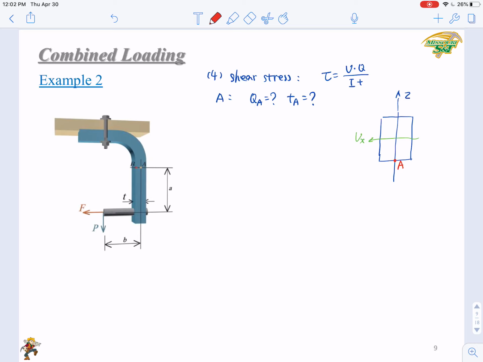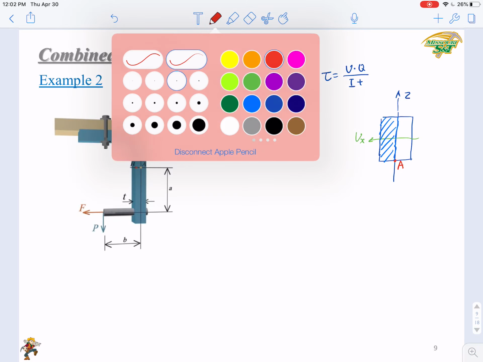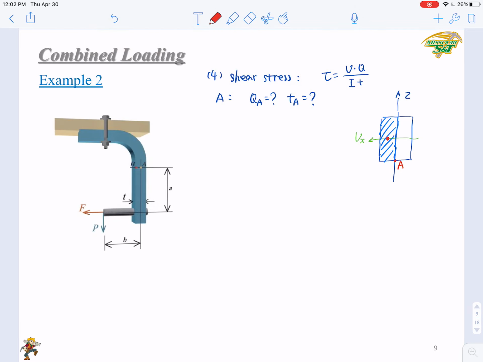To calculate tau A, you need to cut the area first. Cut the area from here, and you get this area. The local centroid is here, the global centroid is here, so the distance is d.